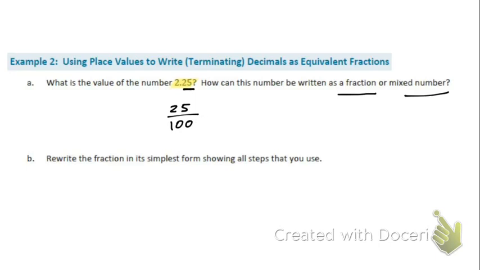But to figure out how many zeros there is going to be is you ask yourself, where does it end? Where's that last number in the decimal end? This is the tenths place, right? This is the hundredths. So you know that your decimal ends in the hundredths place, so you put 100 on the bottom.